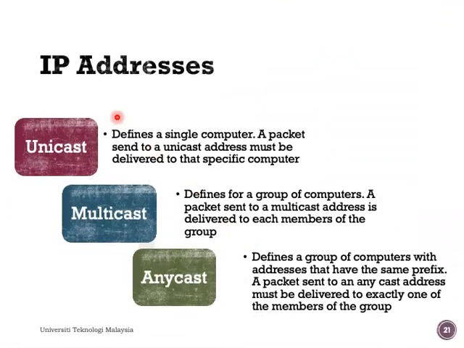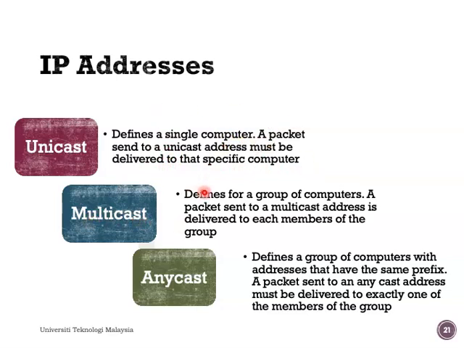Finally, there are several types of IP addresses that can be used in IPv6. For IPv4, we know that we can use unicast and multicast, but IPv6 has introduced one more category of address, which is anycast. To recall, unicast defines a single computer, and a packet sent to a unicast address must be delivered to that specific computer, meaning one-to-one addressing.